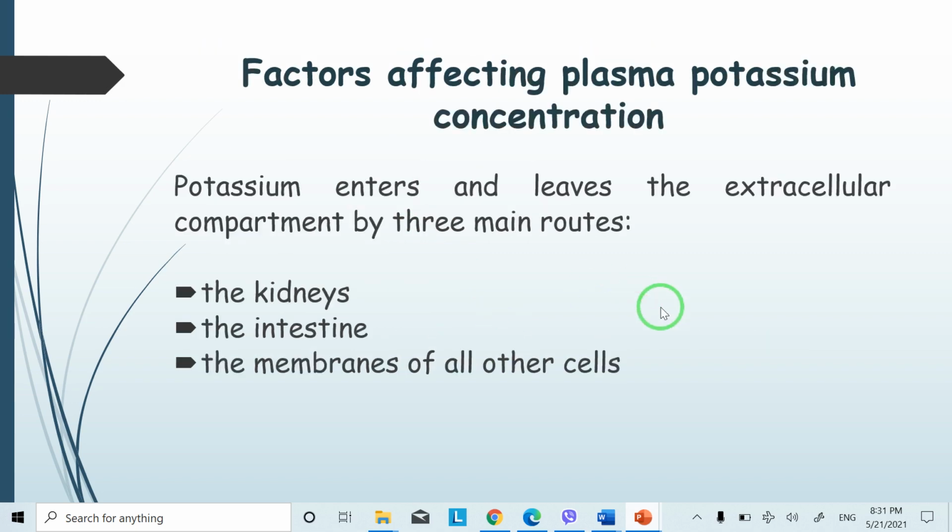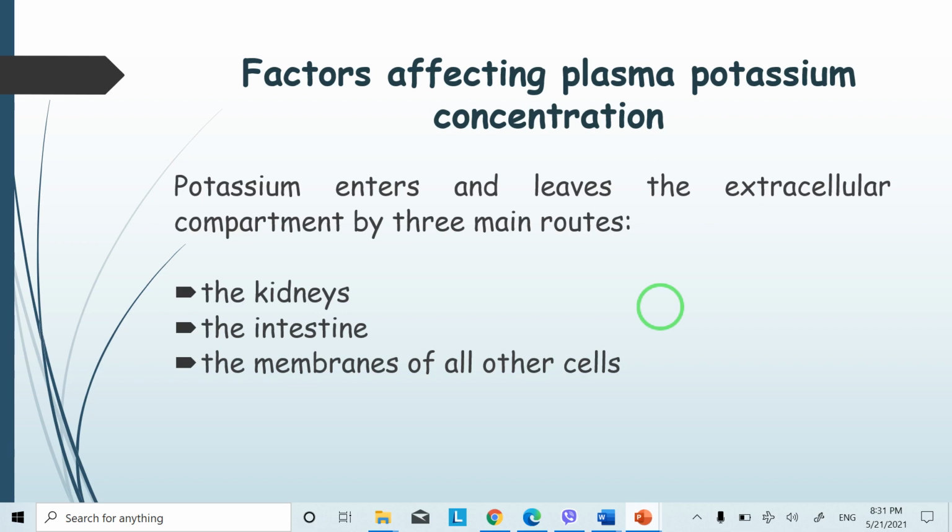What are the factors that maintain the potassium concentration within the normal range, which is about 3.5 to 5.1 millimole per liter? It is very important to maintain potassium within this range. So we have 3 main organs that are important in the maintenance of potassium within this range.